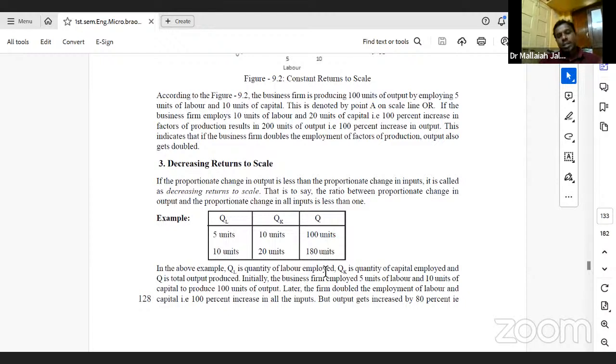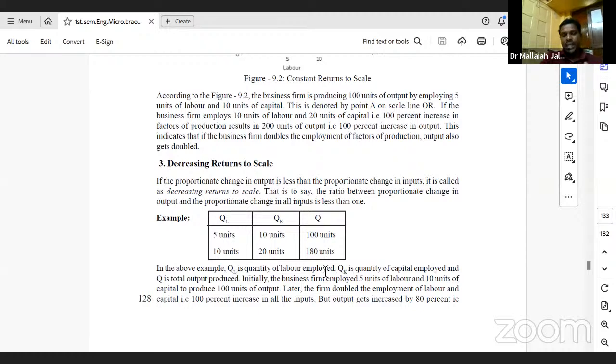When we are tracking an increasing trend, the proportionate change in output relative to all the inputs is greater than 1. So here, constant returns to scale: the same proportion, labor 5 to 10, capital also 10 to 20, and the initial output is 100.